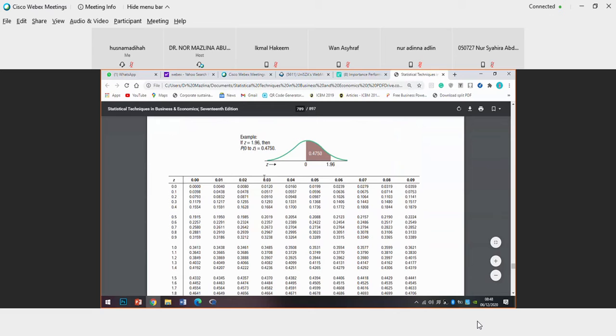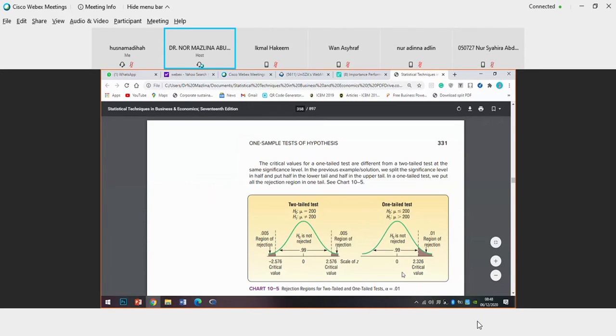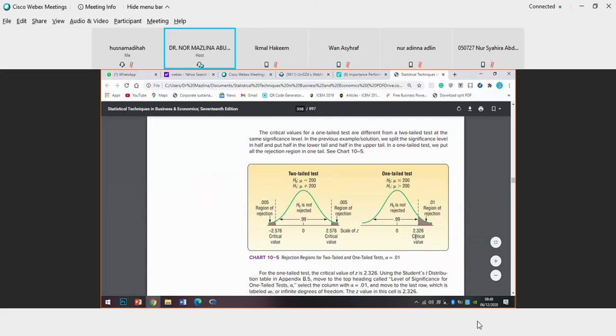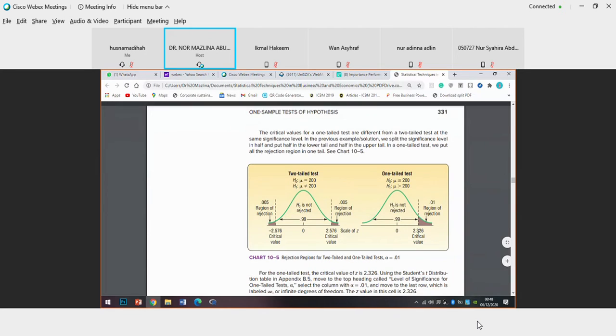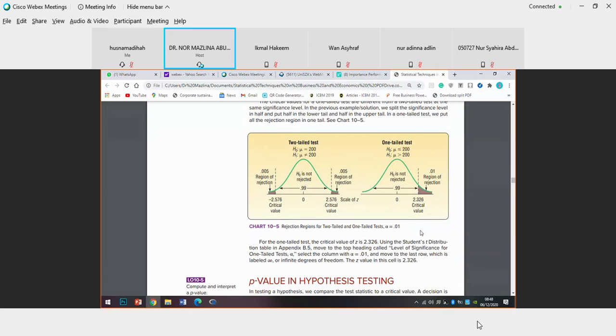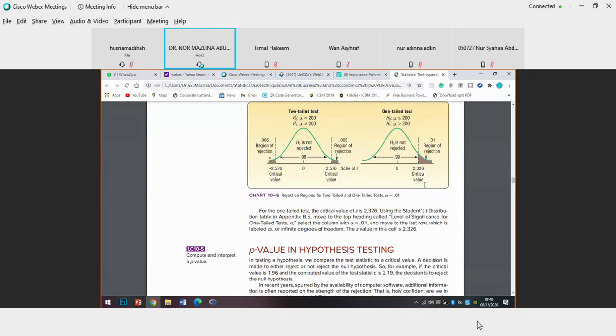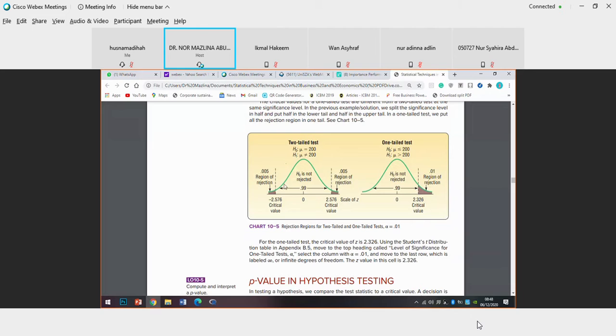So that's why, going back to page 358, you have the critical value as 2.33. So this is the difference between two-tailed and one-tailed.